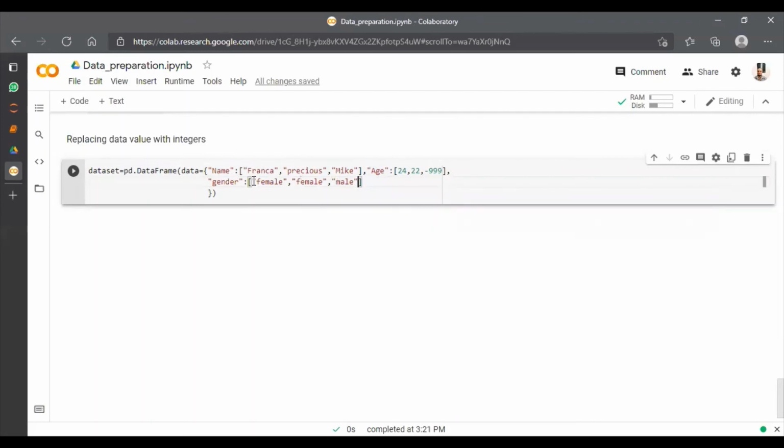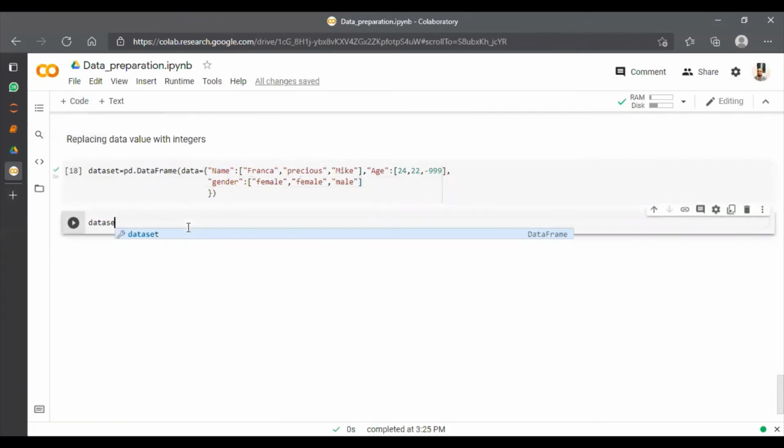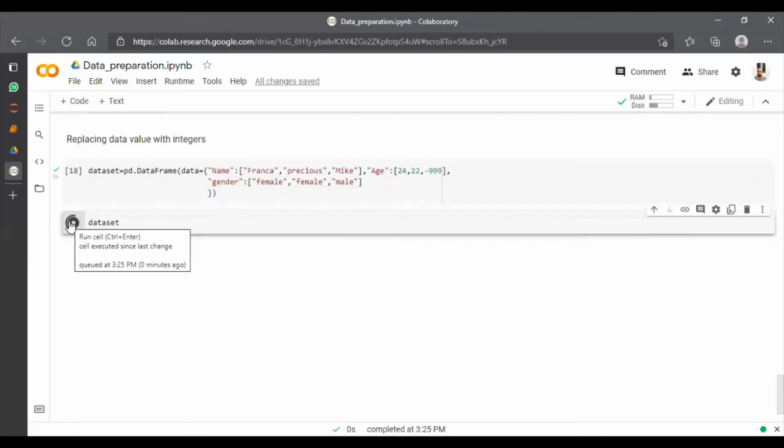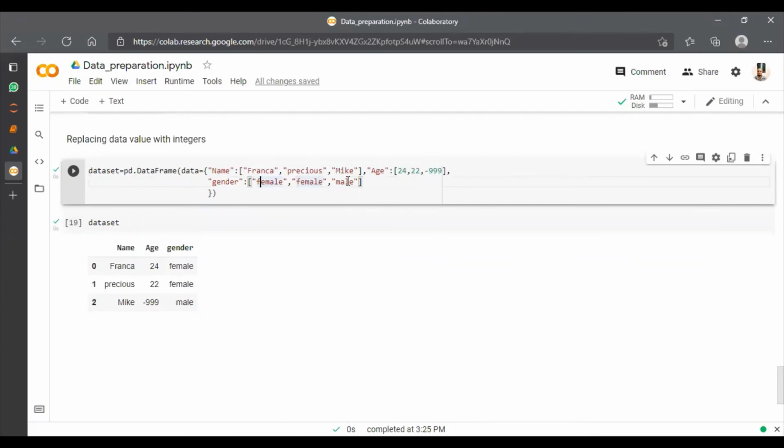Most times you know that machine learning codes are mathematics. Most of them are mathematical formulations between your functions that might need numbers as input. So you might not want to give your gender as an input. You might try to replace the values with integers. These are the genders: female, female, male.